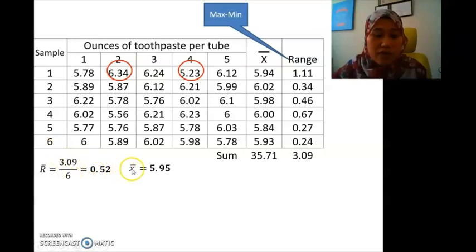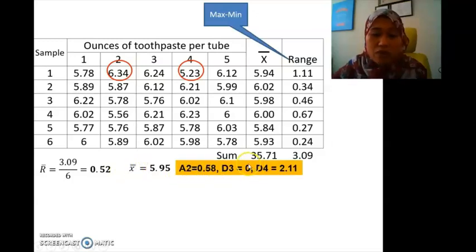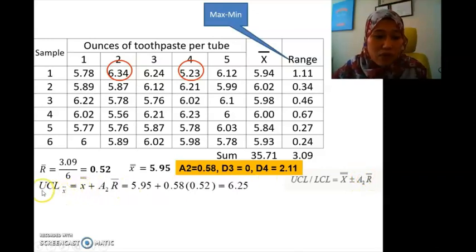Since we already calculated the X bar, we have all the information from the question, and we need to find the upper and lower control limits of X bar. This is the formula: X bar plus minus A2 times R bar. For the upper control limit, we put all the information into the formula and get 6.25.